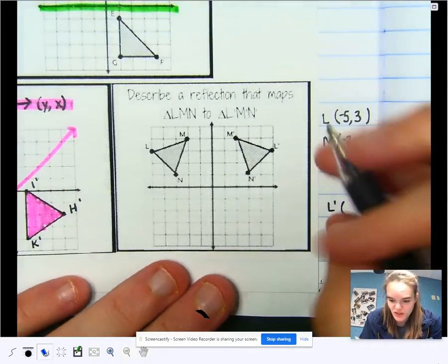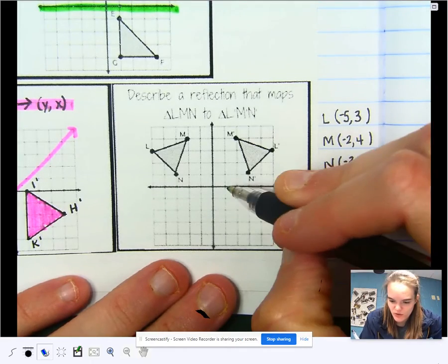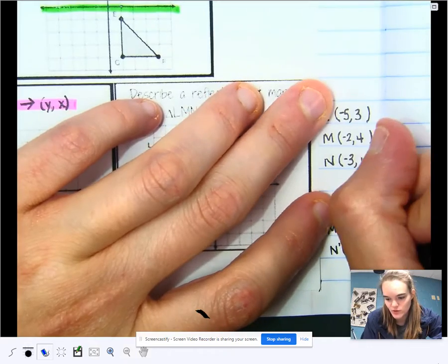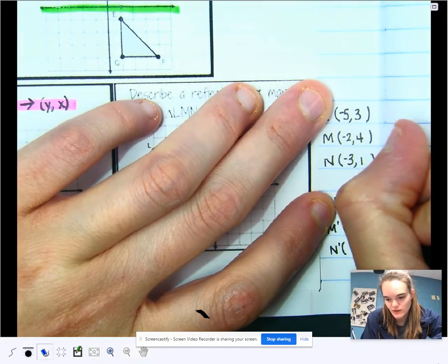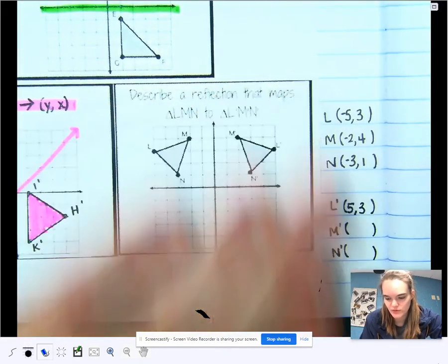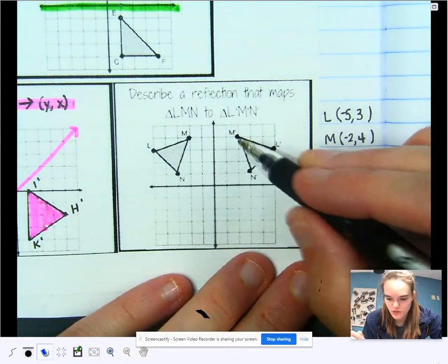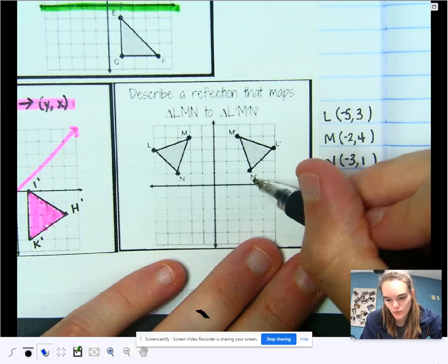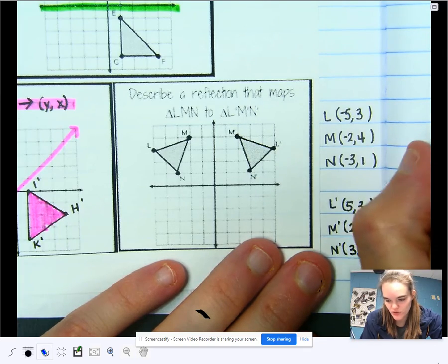So let's just see. L prime is at (5, 3). Oh, look, that seemed to have worked. The x is now positive. M prime is (2, 4). It worked for that point as well. N prime is (3, 1). It worked there too.